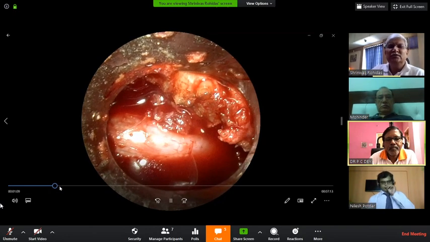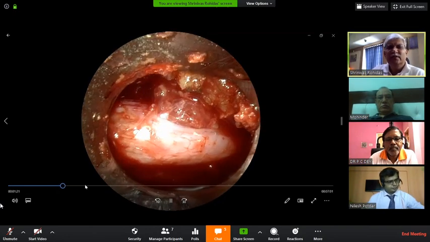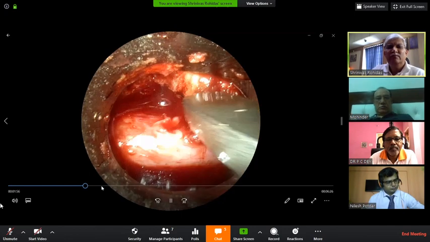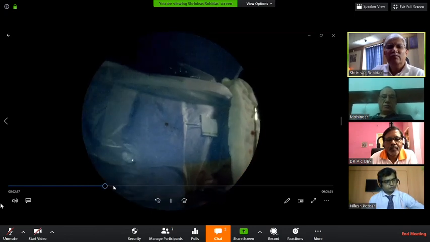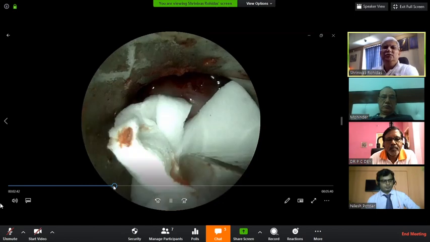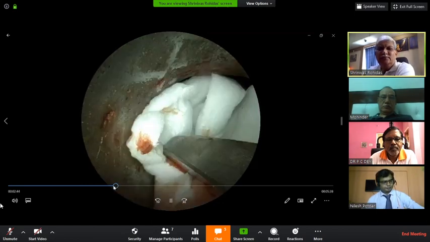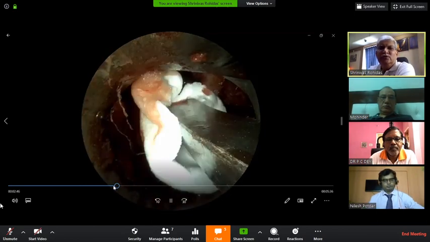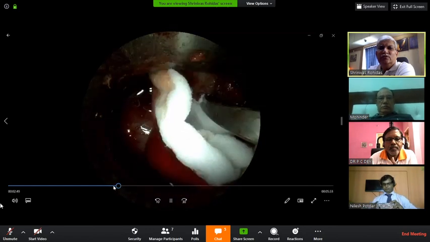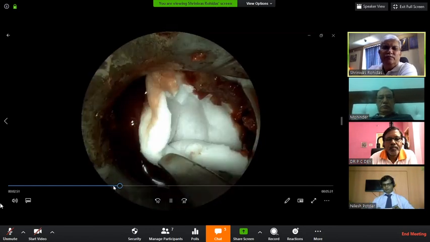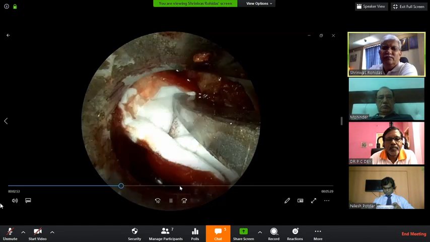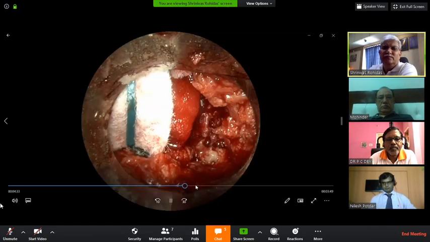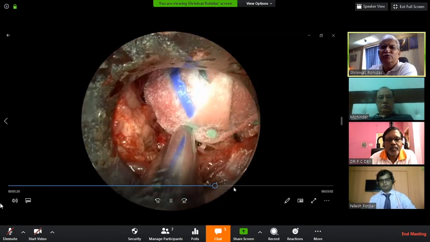Okay, and this is the muscle piece. And then we put this dural substitute over that. This is the dural substitute.